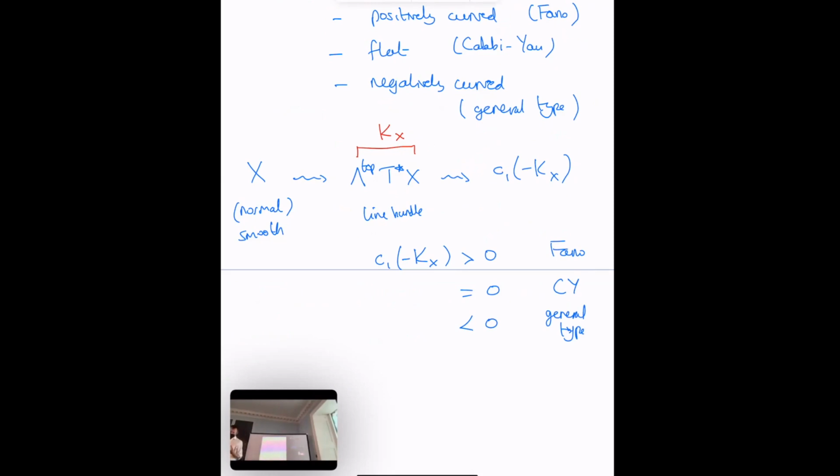At this point, you might be irked or upset because things being positive, 0, or negative normally means they're numbers, right? And this is a cohomology class. What does it mean for a cohomology class to be positive, 0, or negative?